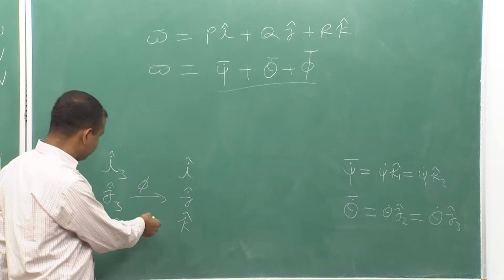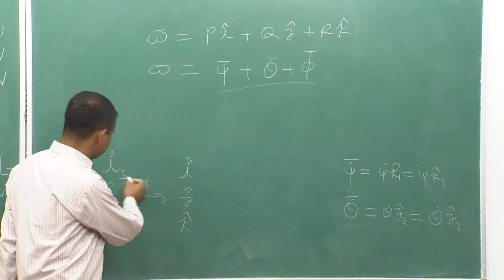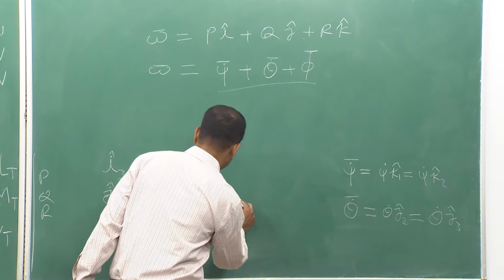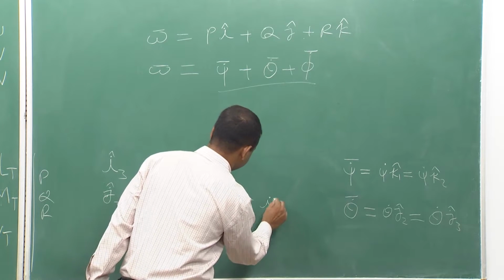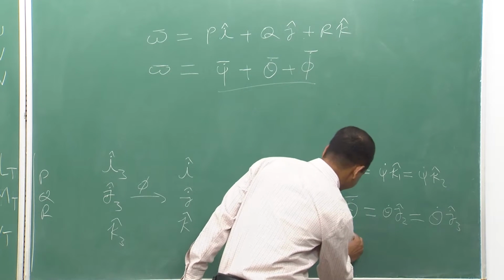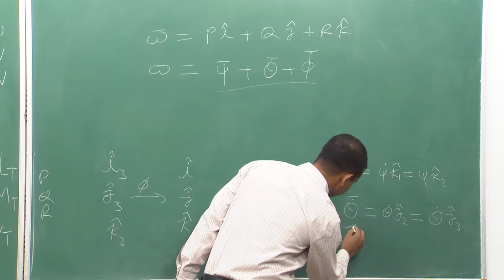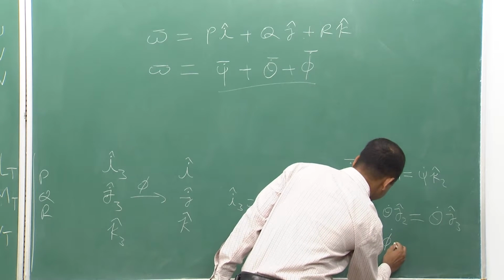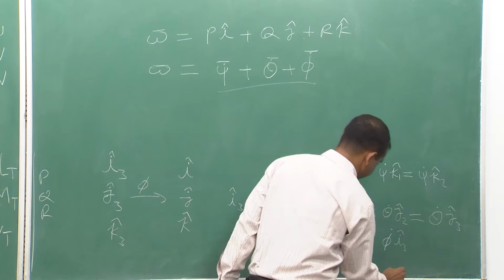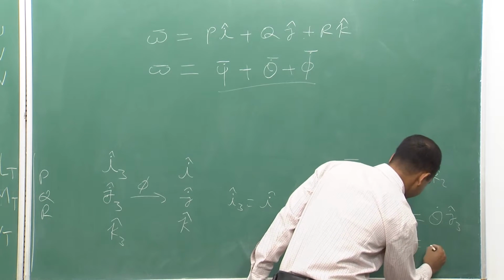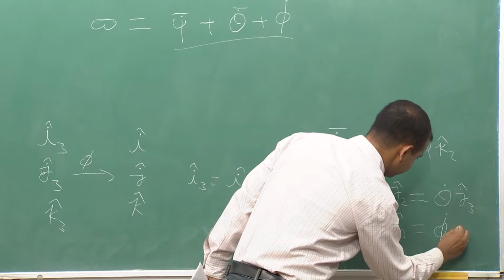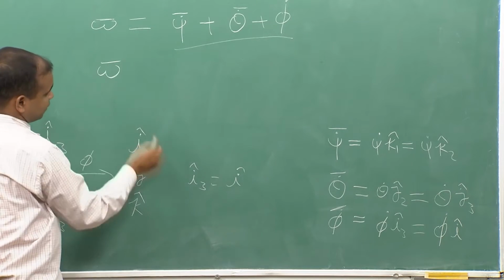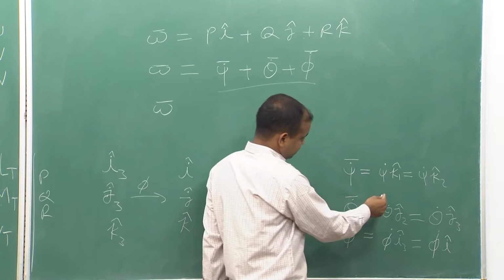This rotation we are performing about this x3 axis or I3. So, I3 will be I, and we can write this phi dot vector is equal to phi dot I3, and this is equal to phi dot I, and we can write the omega using these equations.